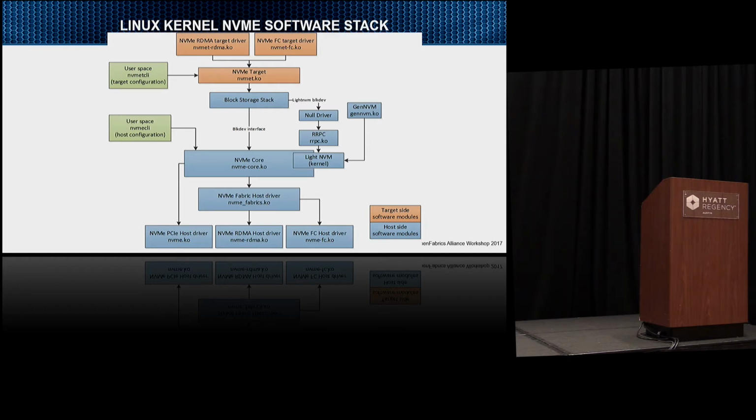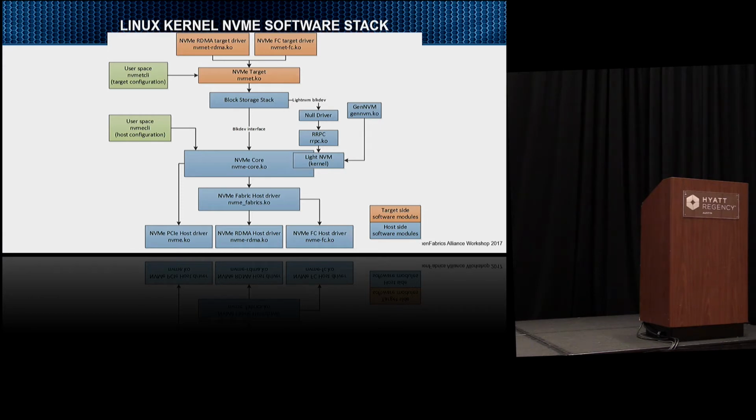Therefore, the abstraction is very well done, where the NVMe Fabric target can talk to any backend device and not just the NVMe device. Of course, the NVMe device is supported. And when you use multi-queue NVMe devices, you can see the performance benefit out of it. Now the block storage stack further down talks to the NVMe core, which is usually on your initiator side. But this is a complete picture of where you can see how the data flows.